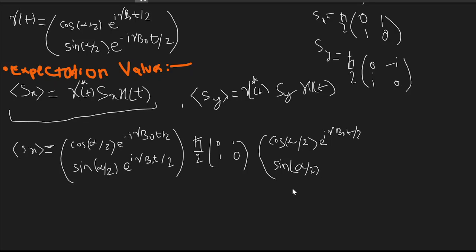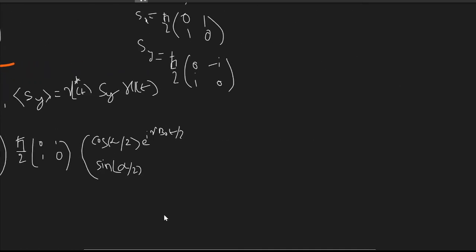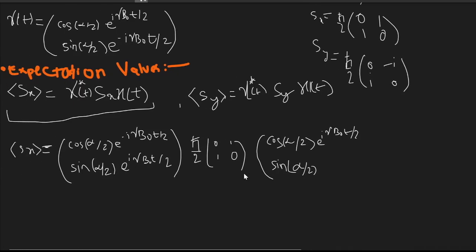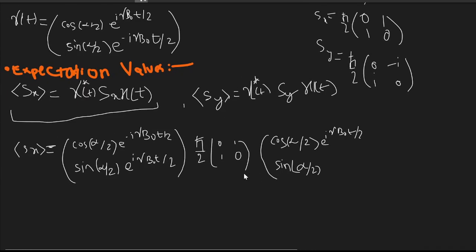And it will be e raised to the power negative of iota gamma b naught t divided by 2.